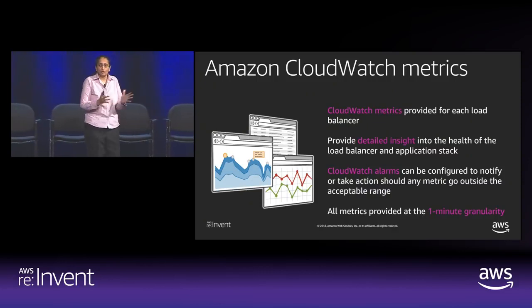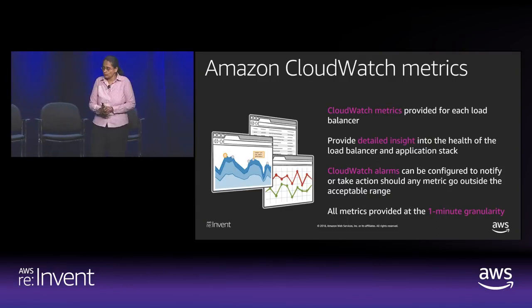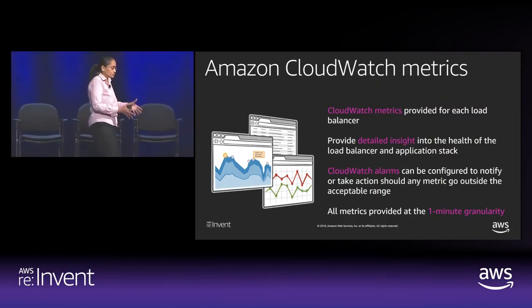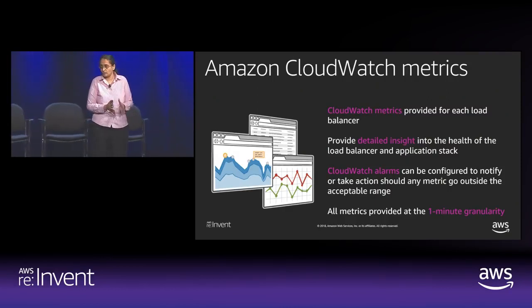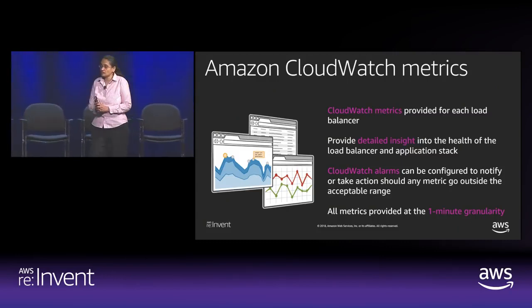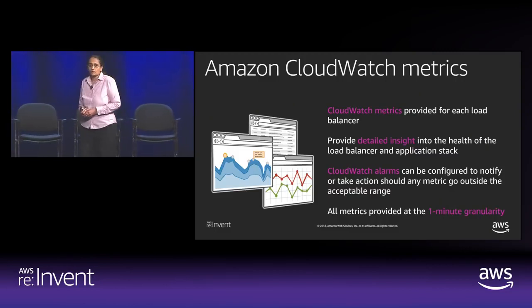This gives you an overview of how your traffic is flowing, the health of your backends, your application health, and your load balancer health. You can set alarms if any of these metrics is not within the range that you expect it to be. One of the things that we're supporting now on the metric side is percentiles. For managing AWS scale, we use percentiles a lot within AWS.